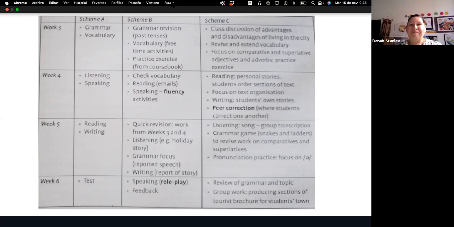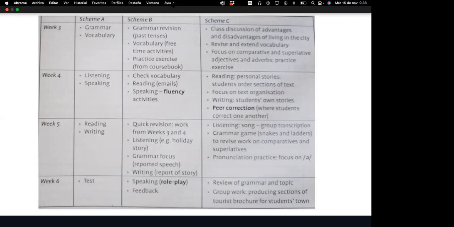So for example, maybe I'm using World English. So maybe I can get the units that speak about grammar together to make like the presentation. And then I do the practice with listening and, I don't know, reading. And then the productive skill might be the reading and all the goal checks.